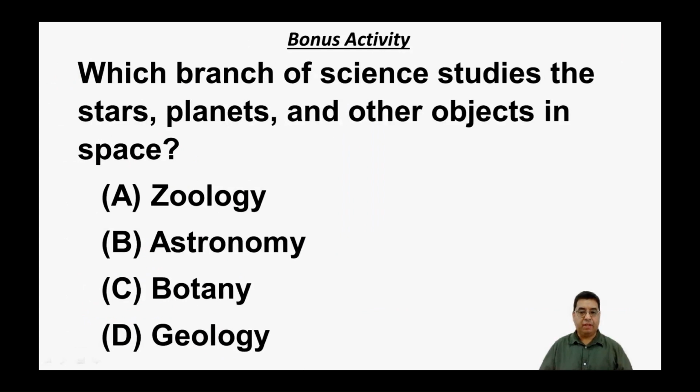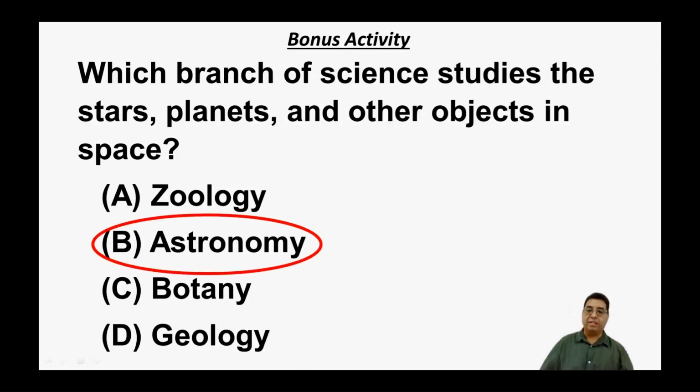So for the bonus activity, I've got these multiple choice questions answering what the different branches of science are. This question says, which branch of science studies the stars, planets, and other objects in space? A, zoology, B, astronomy, C, botany, or D, geology?